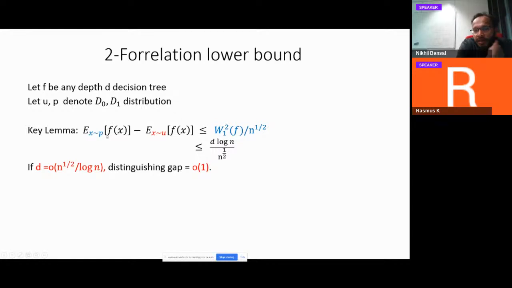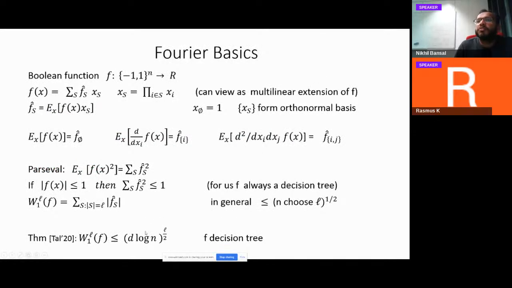The key lemma that we'll show using stochastic calculus is that this difference is at most like the level 2 weight of this function f divided by root n. And by Tal's bound, the level 2 weight is at most d log n, the lemma from the previous slide with L equal to 2.